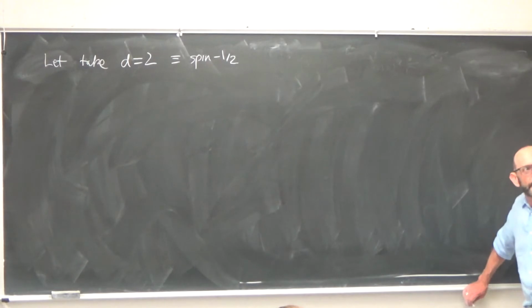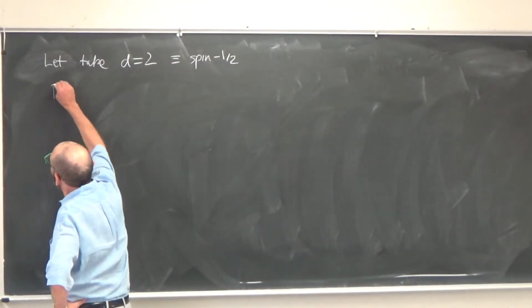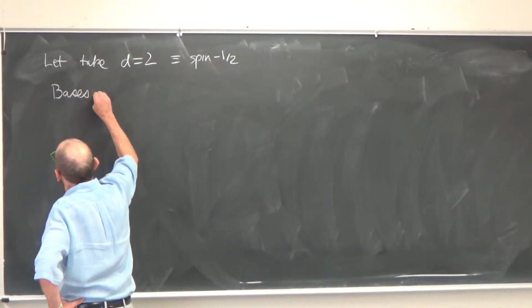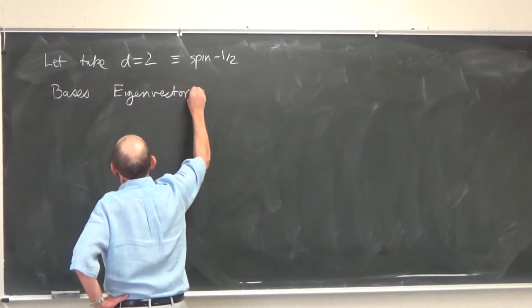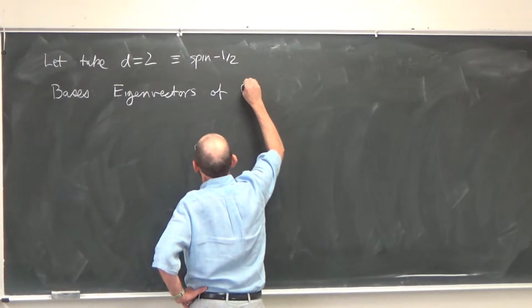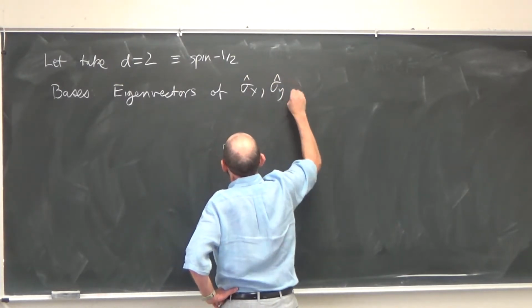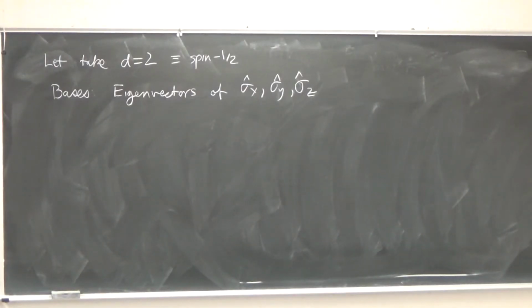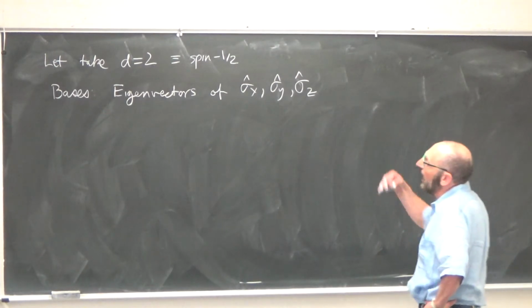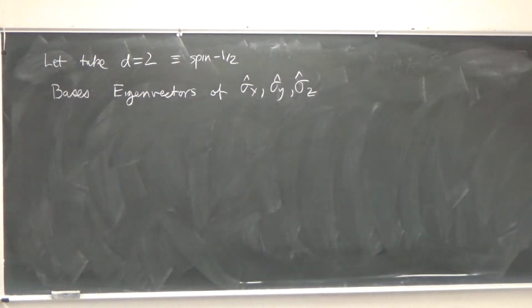All right, so we're going to take the spin 1/2 system. I can think about bases, say eigenvectors of sigma x, sigma y, and sigma z. It's absolutely critical that you review, if you're not at your fingertips, the quantum mechanical algebra of Pauli operators, Pauli matrices, and spins.